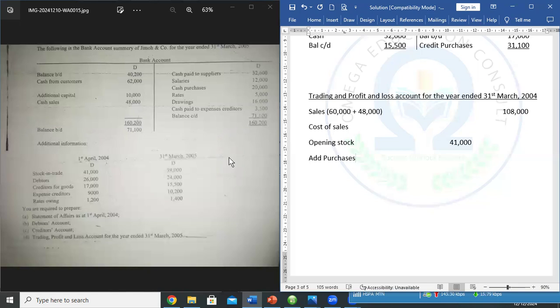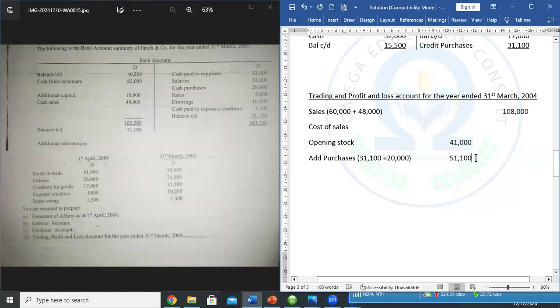So we add the two figures, 31,100. There is a cash purchases in the bank account, so we add on that to give us our total purchases of 51,100. Great. Watch out for any returns outwards, carriage inwards.